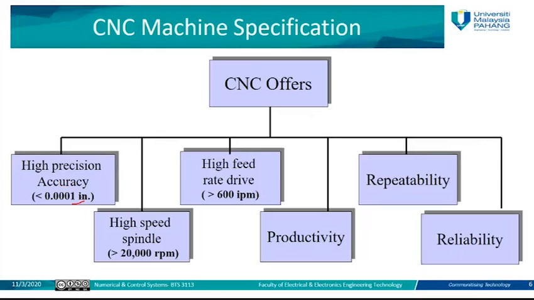The second feature is the high speed spindle. The machine can rotate at very high speed, up to more than 20,000 RPM. So imagine that if you want to drill, to make a hole, or to cut, using a machine rotating at very high speed, this will provide more accurate work, and it can produce a very specific type of product based on this high speed.